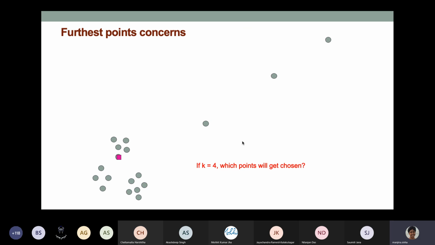But what is the point? Say for example, if my data set looks like this, and now I start with the first center mu1, this. What will happen? My first cluster center will be here, second maybe here, third will be here. So it will be going on like this.